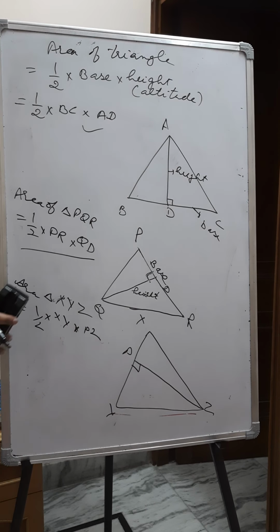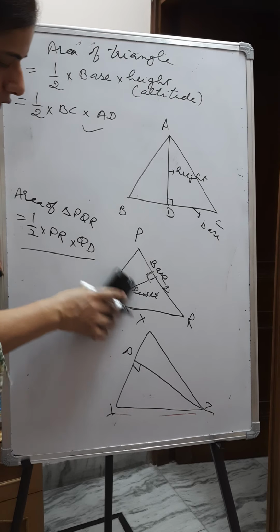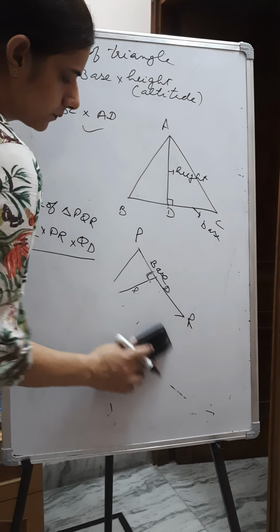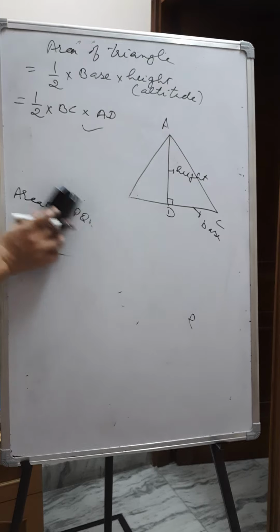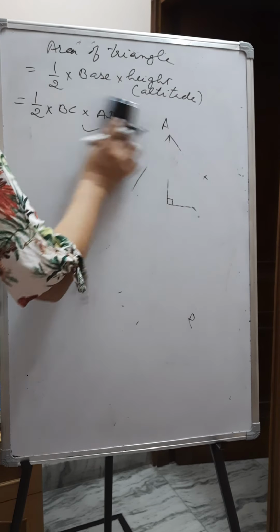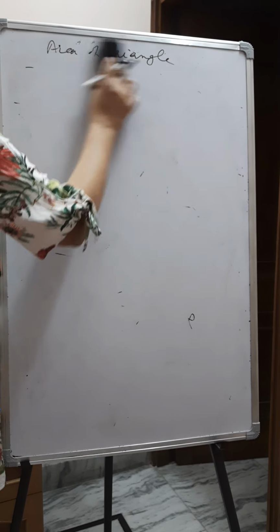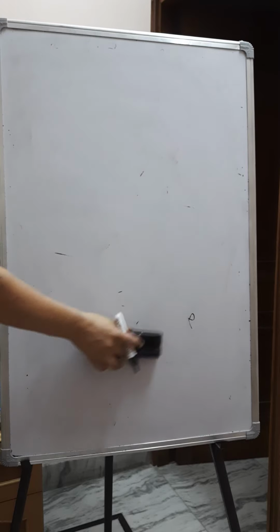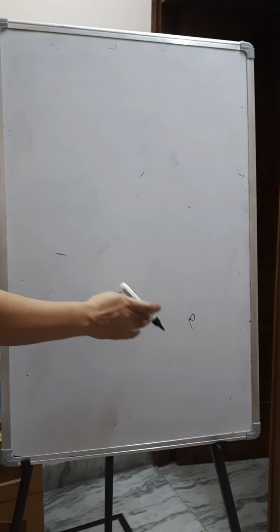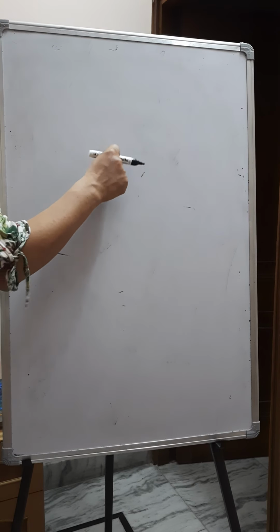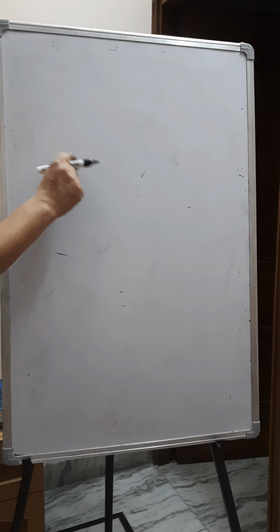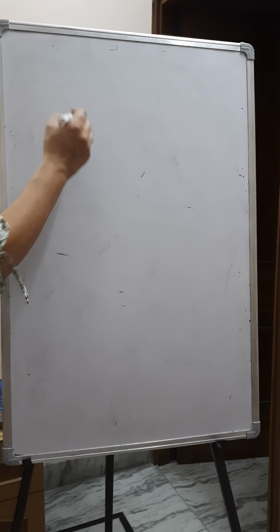Rest of the concepts are the same, square units of the area. This is again for the area of triangle, so keep it in your mind. Don't ever consider the lower side of the triangle as the base. No. Think about where they are making an angle of 90 degrees. That side of the triangle is the base.